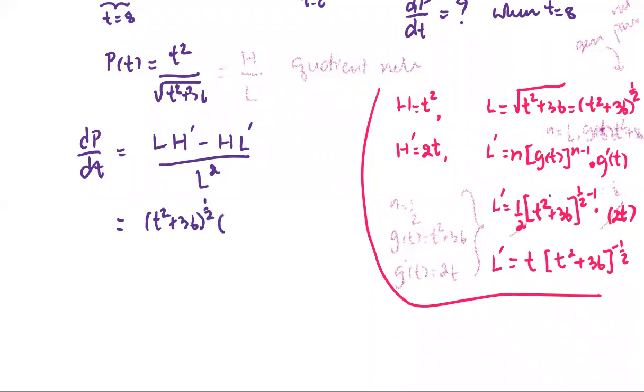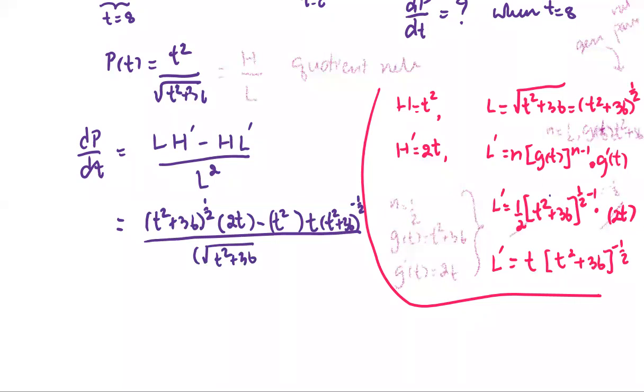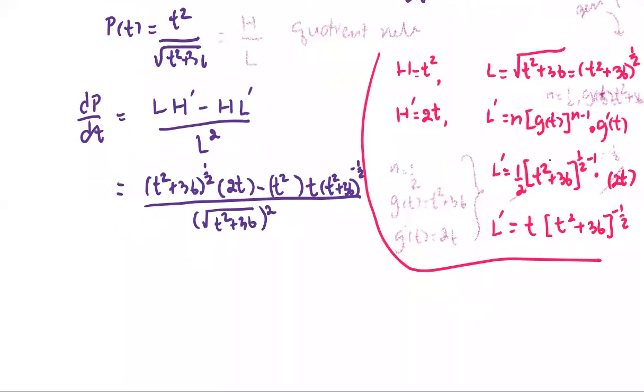And then the d high is the expression 2 times t, minus the high function, which is t squared, multiplied by the d low, which is t multiplied by the quantity t squared plus 36 to the power negative 1/2, all divided by the denominator, low squared, or the quantity square root of t squared plus 36 raised to the second power.